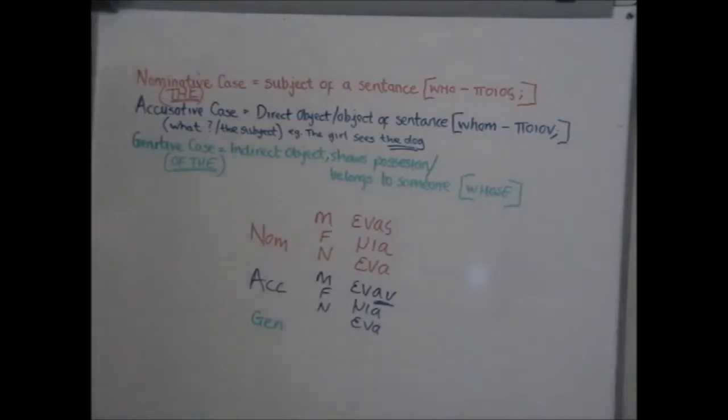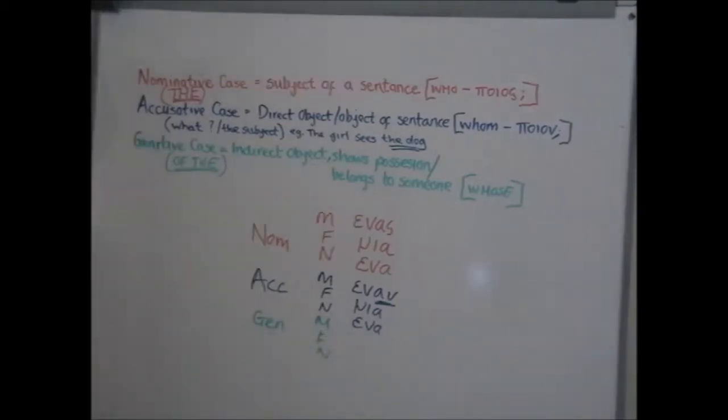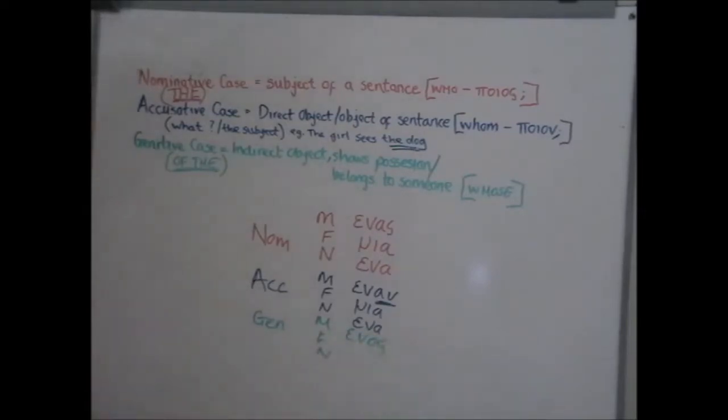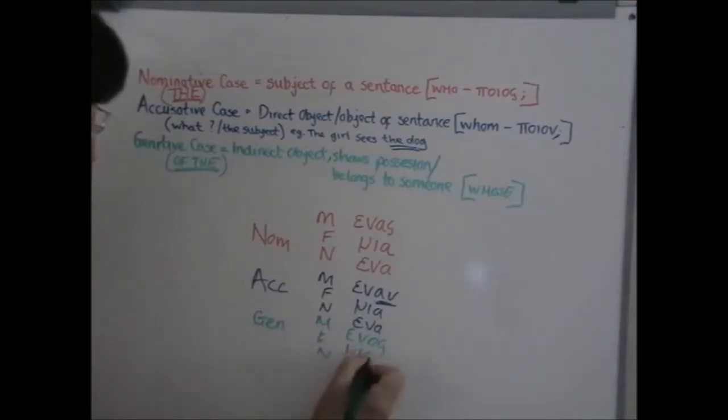In genitive, again we have masculine, feminine, neuter. So in genitive, masculine of the, masculine is enos. Feminine, mias.